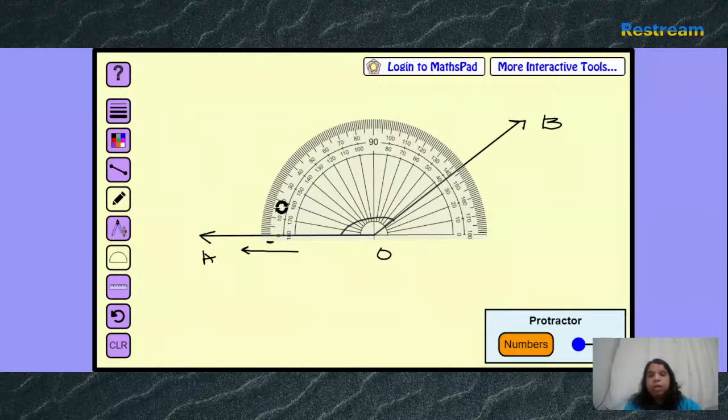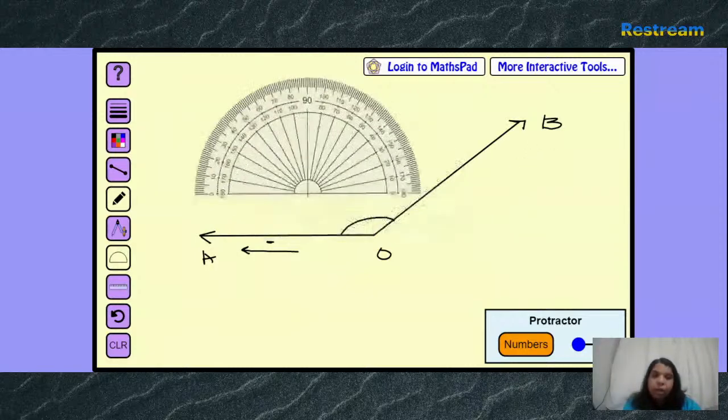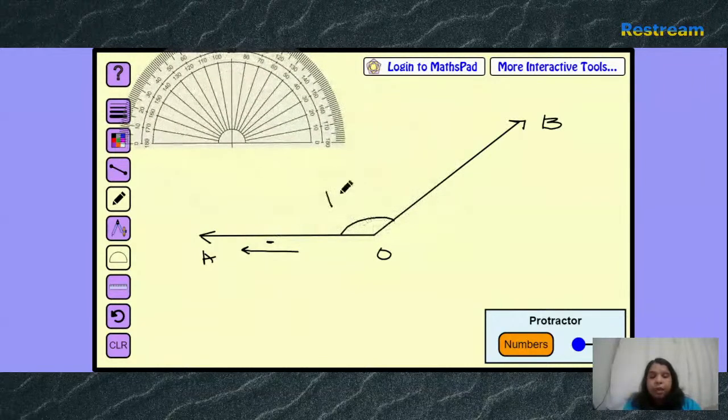So it's 0, 10, 20, 30, 40, 50, 60, 70, 80, 90, 100, 110, 120, 130, 140, and 143. Okay, so my angle is 143 degrees. So this is how I measure an obtuse angle.